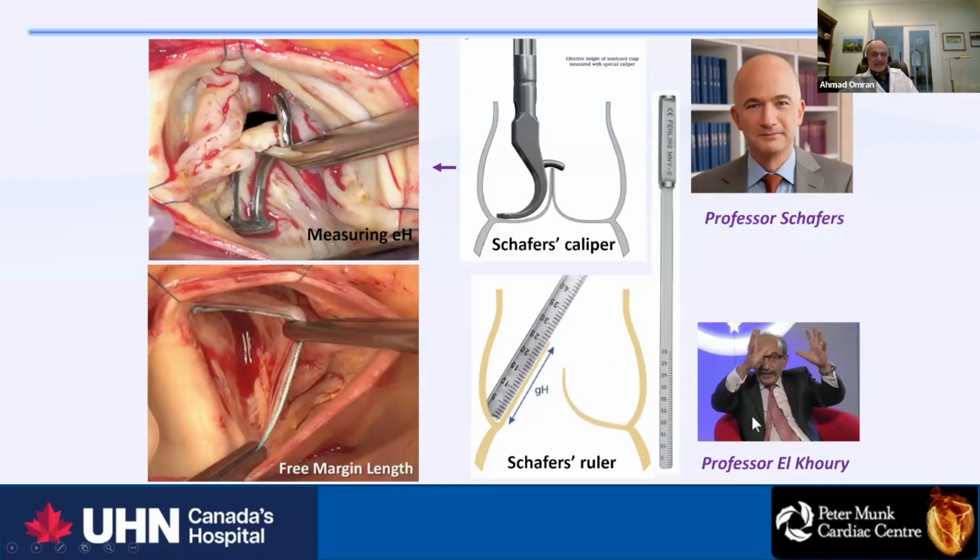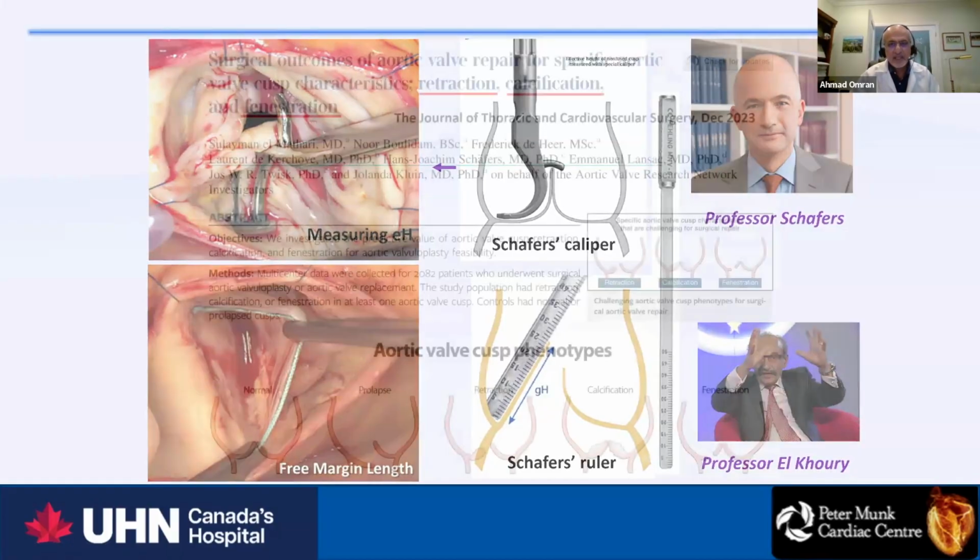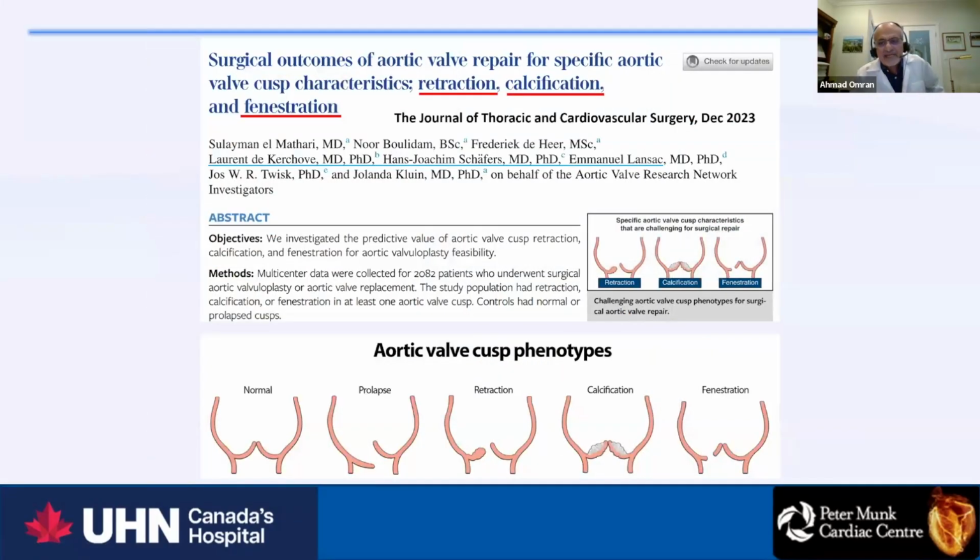And El-Khoury is the one who measured the free margin length of each leaflet. And El-Khoury is the same person who developed the El-Khoury classification for aortic valve repair. This is one of the latest papers by Schäfers and El-Khoury on the outcome of aortic valve repair.